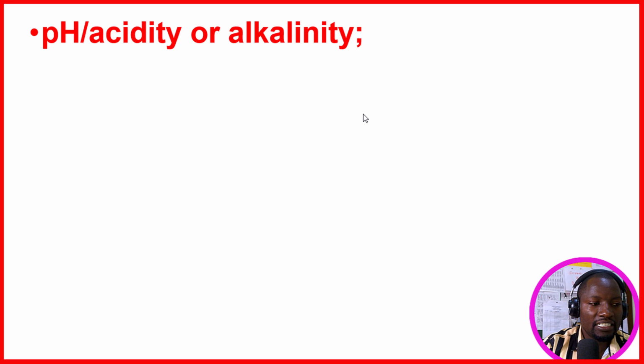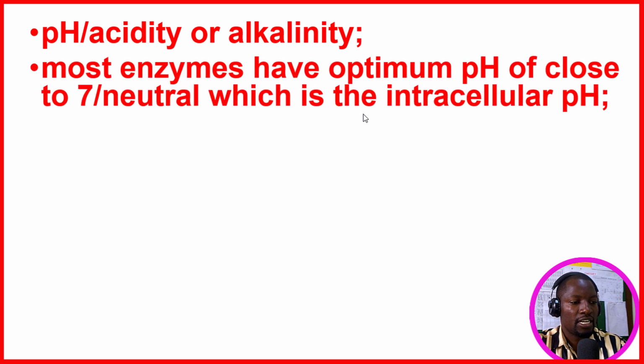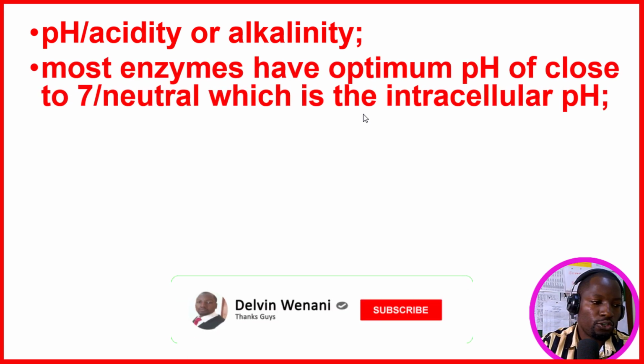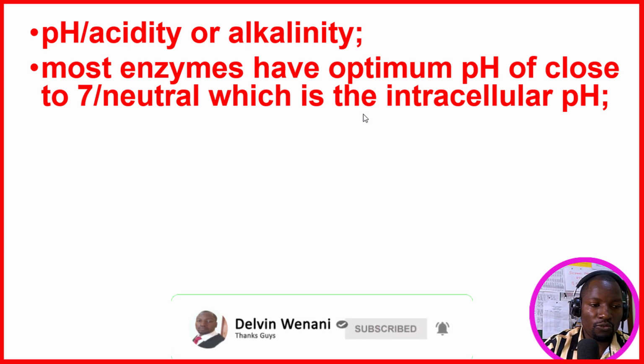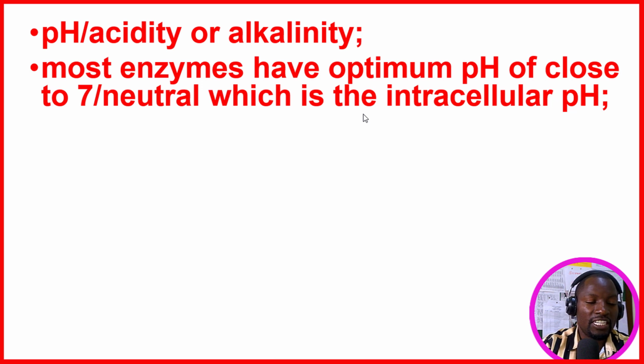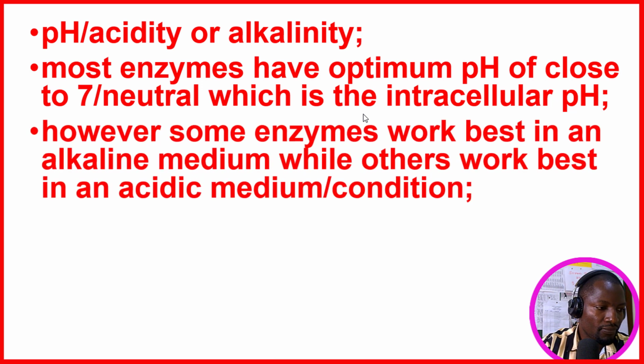pH, or acidity or alkalinity. This is what we call the pH, the acidity or alkalinity. How does it affect? Now, most enzymes have optimum pH of close to 7. pH 7 is what we call the neutral, which is the intracellular pH.